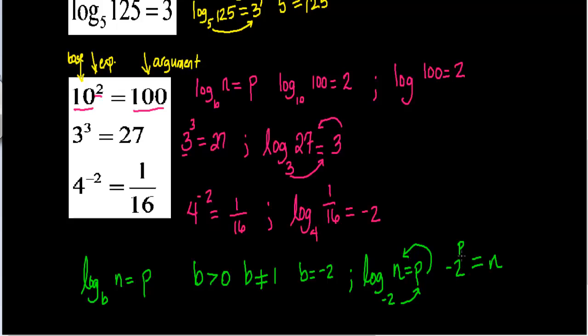Now remember, we had said when we had exponential functions that this number had to be greater than 1 if it's increasing, or between 0 and 1 if it was decreasing. And we said it can't be negative, and I gave you a couple of reasons.